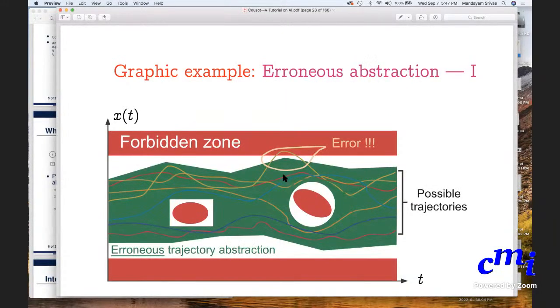Now, for example, here, your abstraction is not an over approximation. Why? Because you see at this point, the green area excludes some real possible value. See here, the one where I'm moving the cursor. Okay.